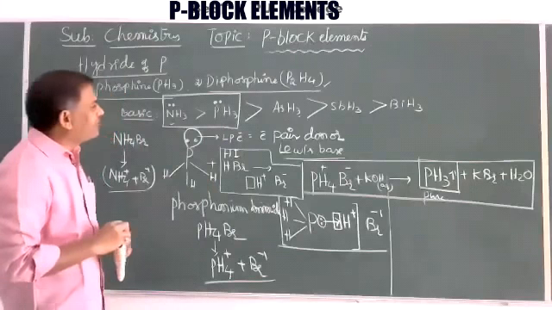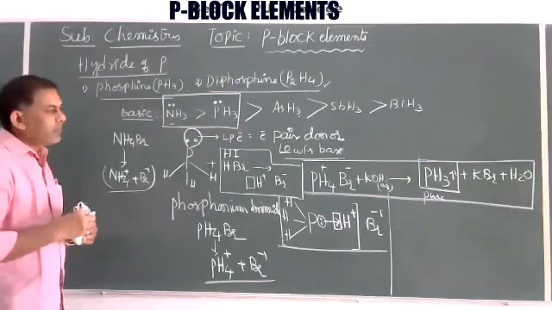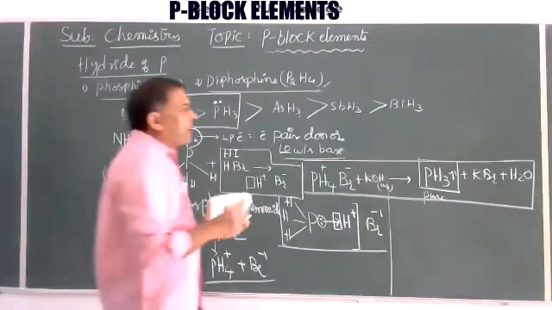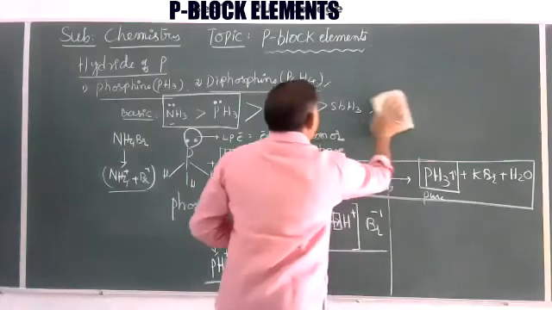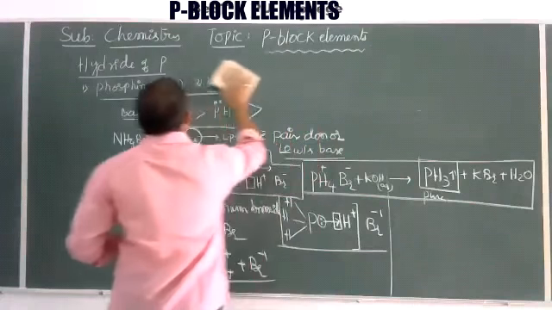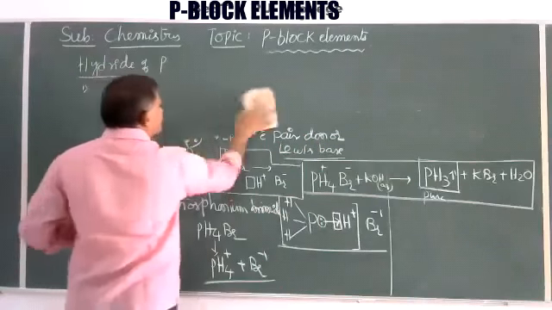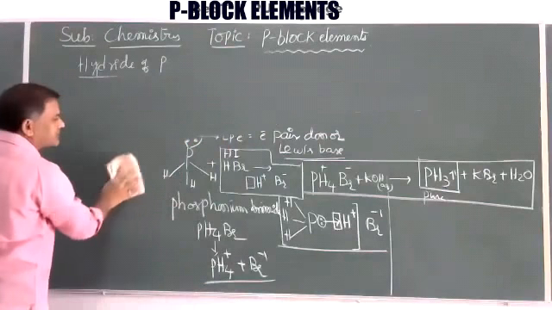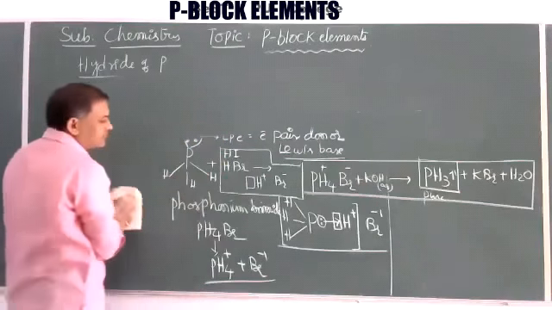That is the basic strength of phosphine. Here phosphine also reacts with hydrogen iodide. It gives the corresponding phosphonium iodide, just like HI.